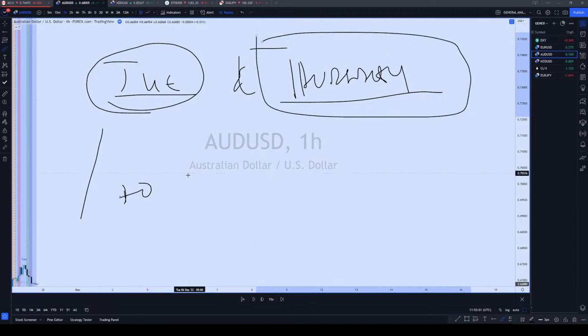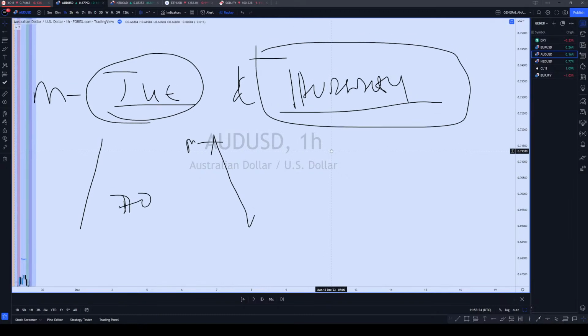And if the market is bearish, there's a 70% probability that the high will form between Monday and Tuesday, and then the low forming Thursday.